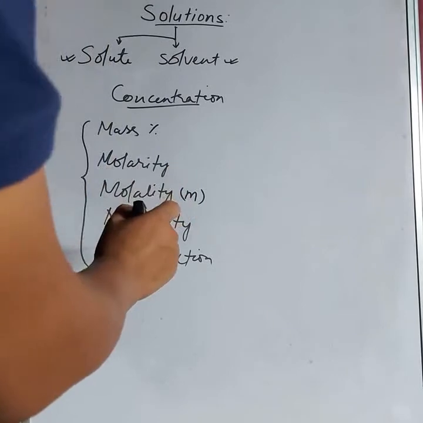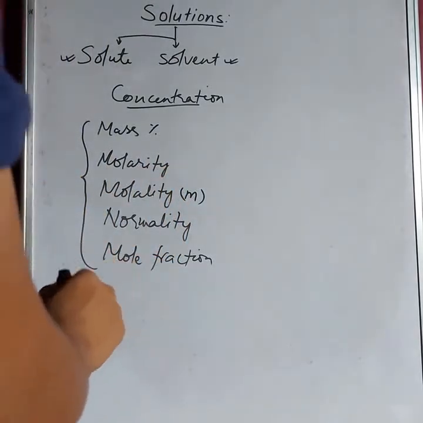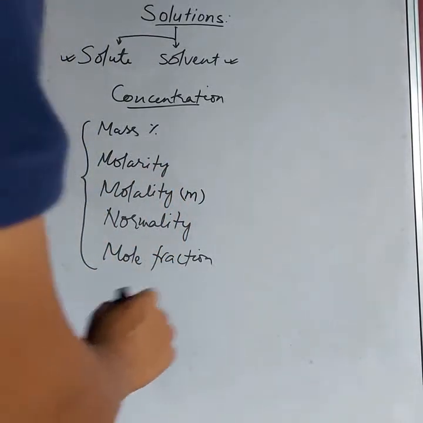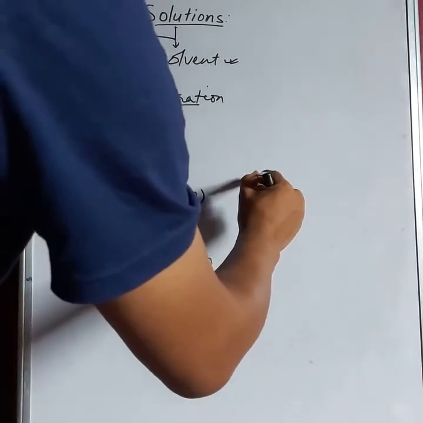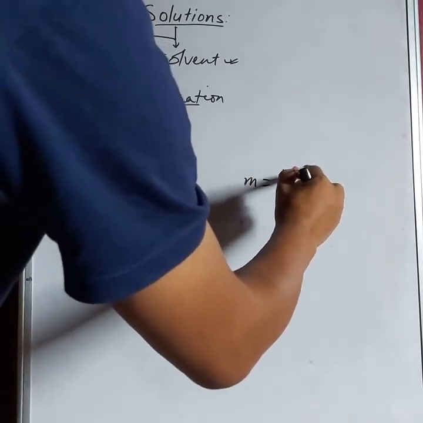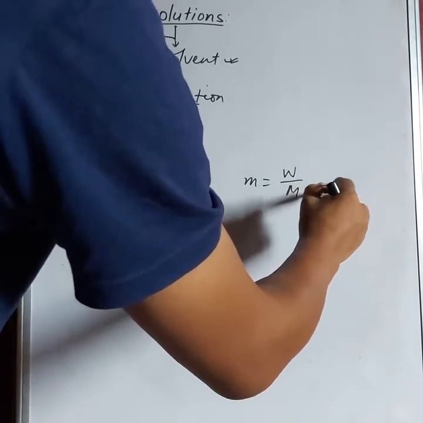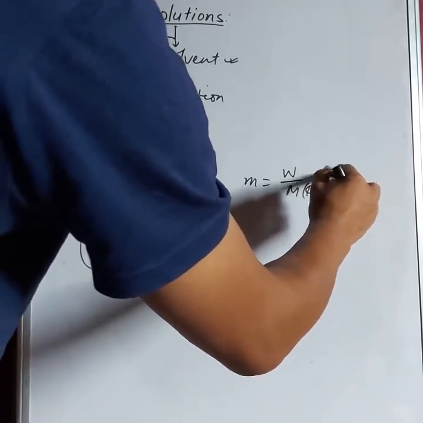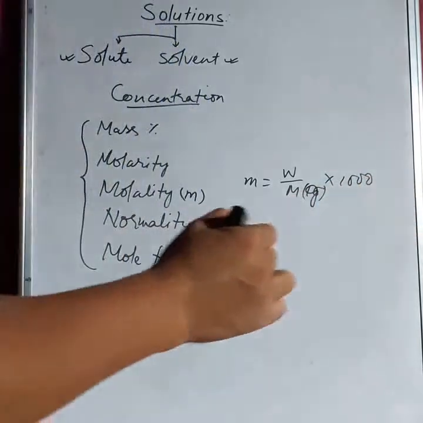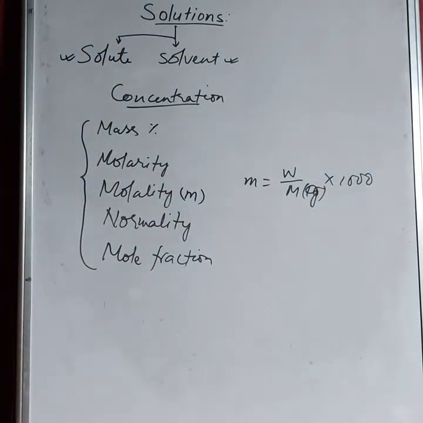Here it's in terms of liters, but here in terms of kg of the solvent. So we can say that the molality is given by the weight over mass in grams into 1000. That is the molality.